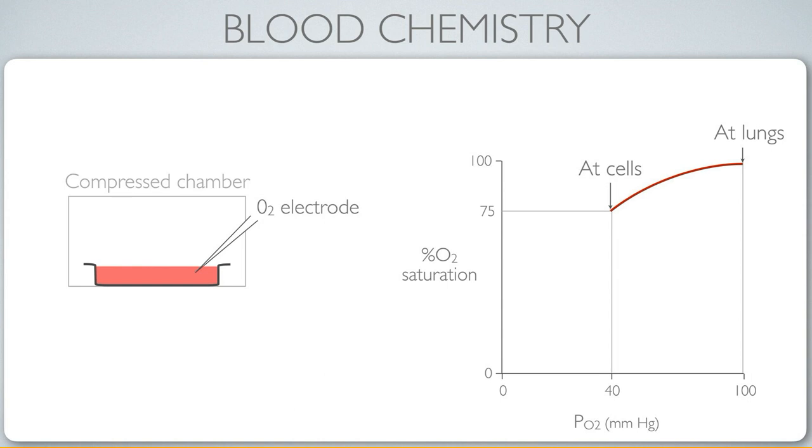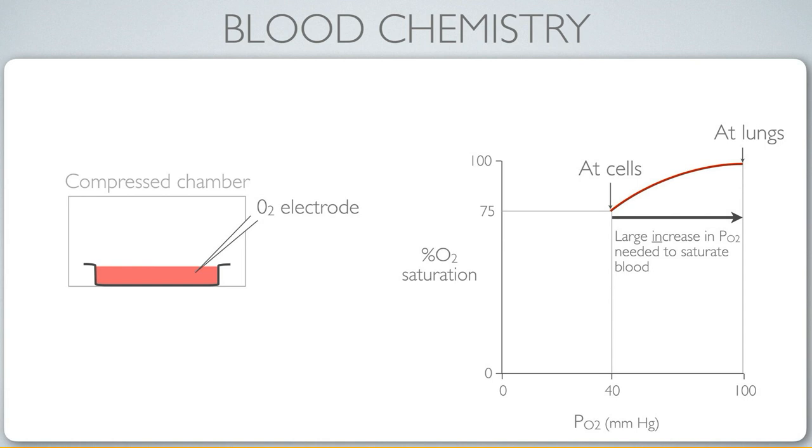What a low slope on this curve means is that you need a really large increase in the partial pressure for O2 to go from this point on the curve, that is 75% saturated, all the way up to 100% saturated. You have to traverse from 40 to 100 millimeters of mercury in order to get that last 25% of saturation.